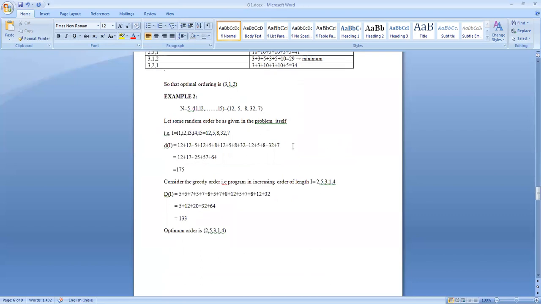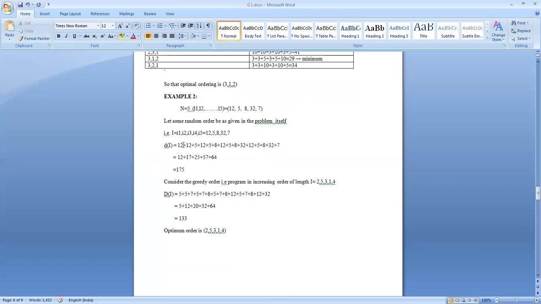They are selected randomly, as they are given in the problem. That means first program, second program, third program, fourth program, fifth program.